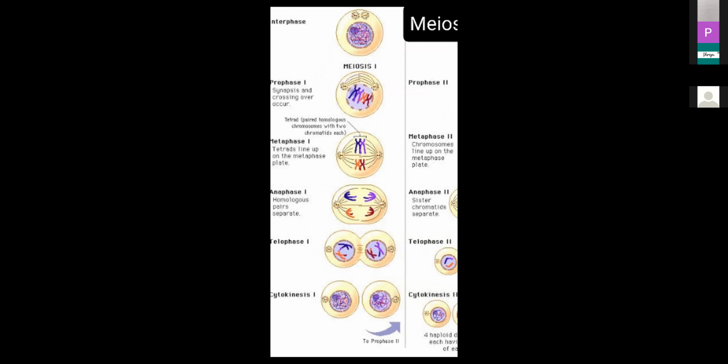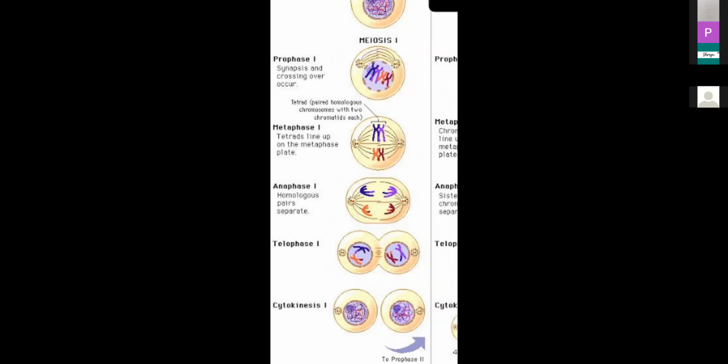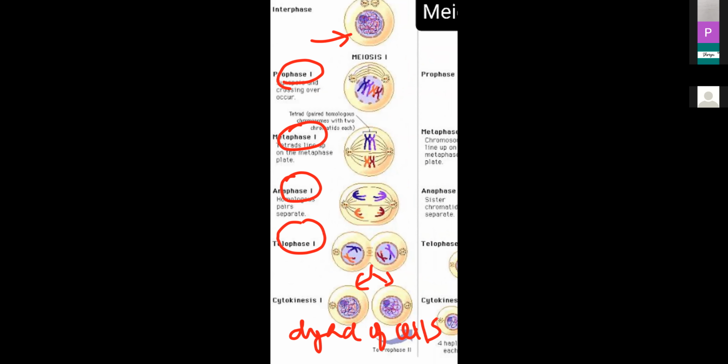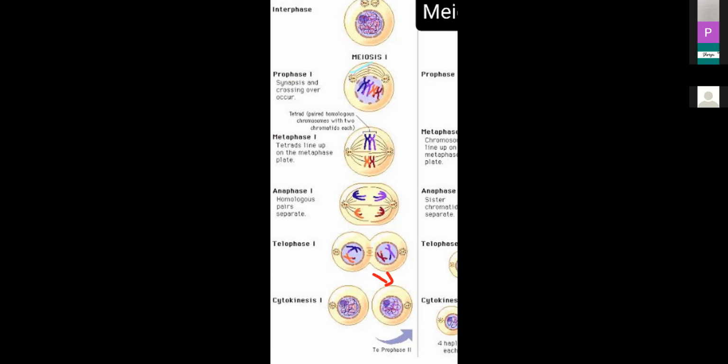Cell entered from this interphase in prophase 1, metaphase 1, anaphase 1, telophase 1, and has divided into two daughter cells. This is the cytokinesis 1, and this is called as dyad of cells. With this, meiosis 1 is accomplished. Any doubts?